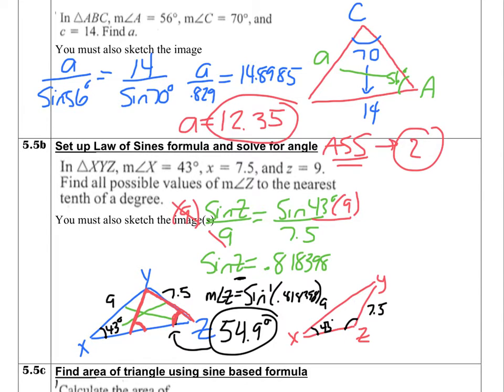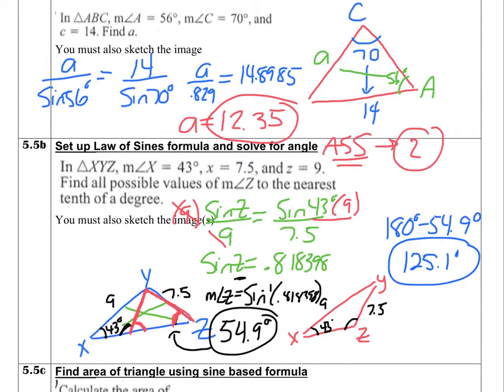But what I really want to find is this angle right here. These two angles sit on a linear line, so all I have to do to find the second possible angle is take 180 degrees and subtract from it my answer of 54.9 degrees. And when you do that, what you're going to get is 125.1 degrees.